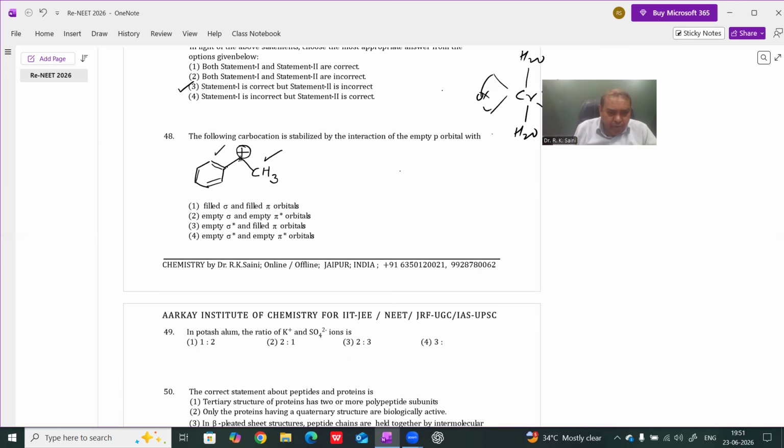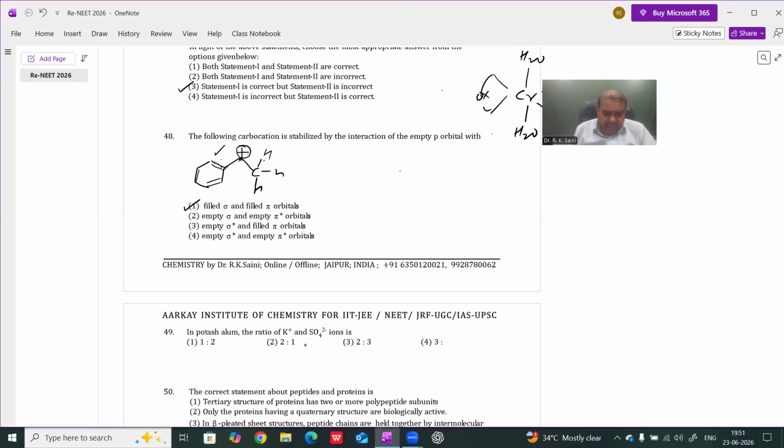The empty p orbital of the carbocation takes part in resonance with the pi orbital, and the filled sigma electrons of CH3 take part in no-bond resonance or hyperconjugation, sigma-pi conjugation. Hence filled sigma bond of methyl and filled pi orbital both take part. So both resonance and hyperconjugation, no-bond resonance, are there.